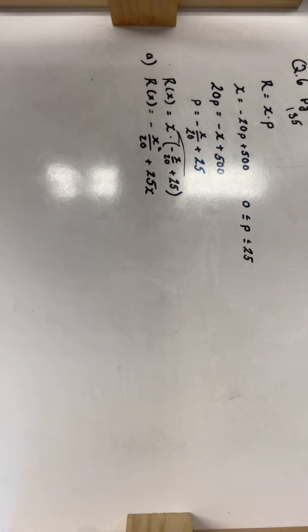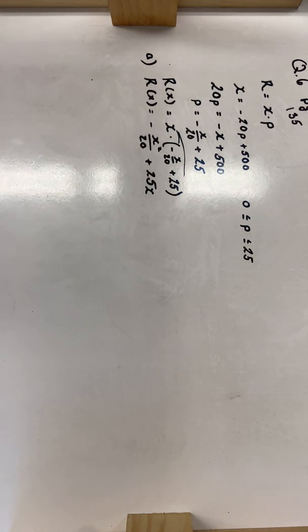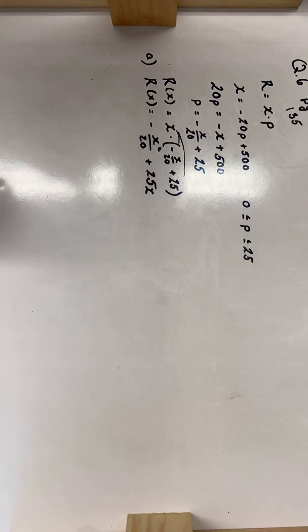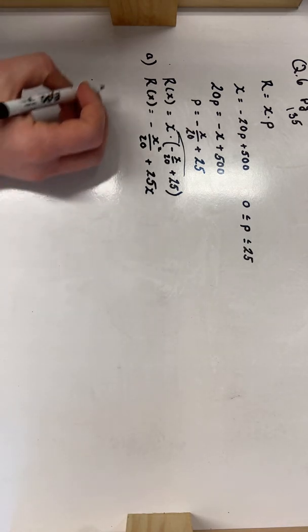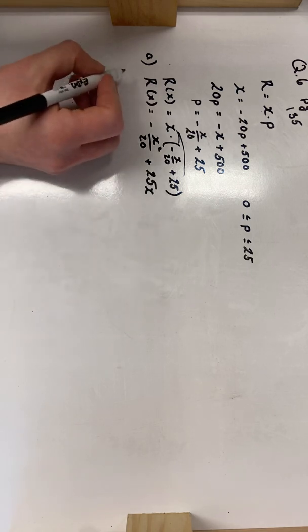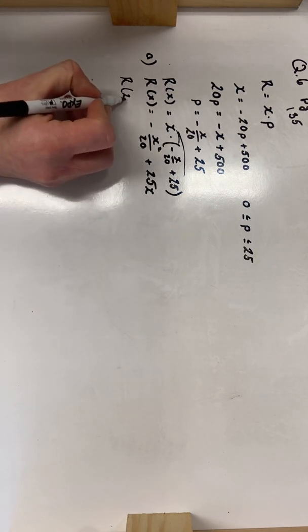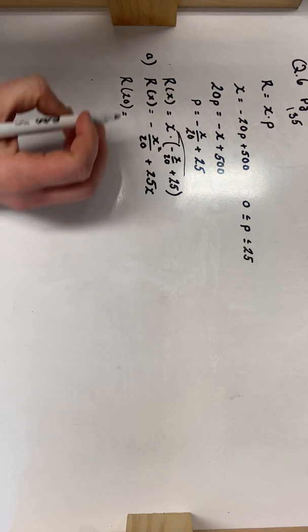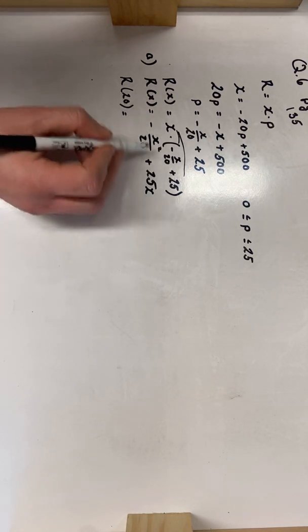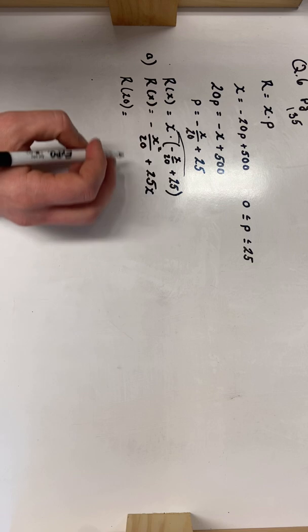All right. Second part of the question asks, what is the revenue if 20 units are sold? In other words, what is R of 20? All I have to do is substitute 20 into my equation here.